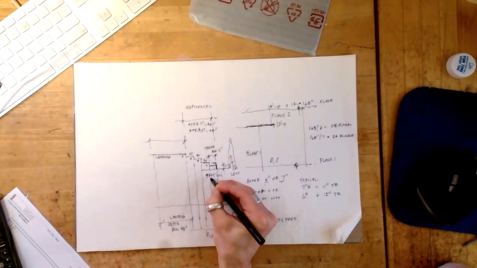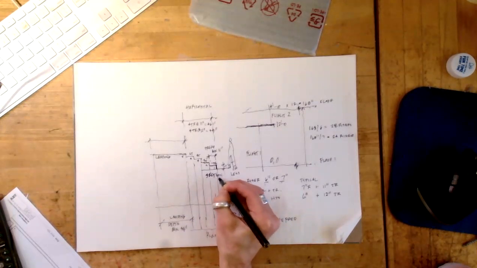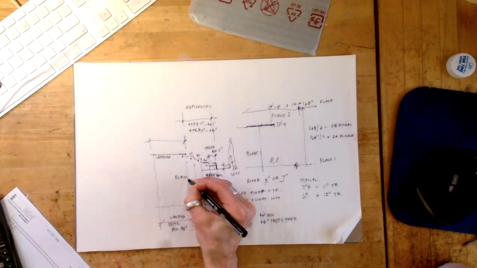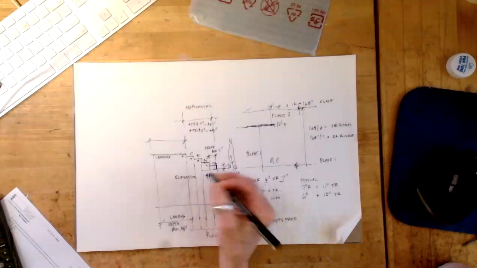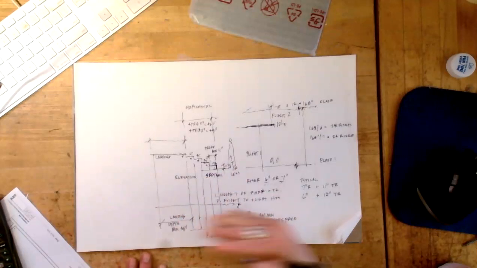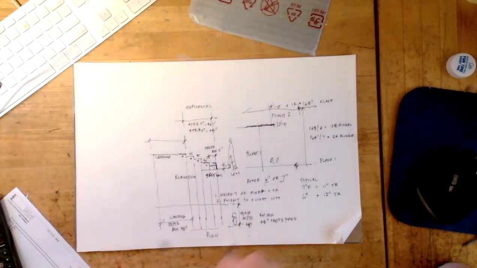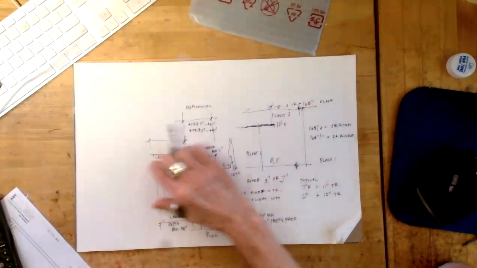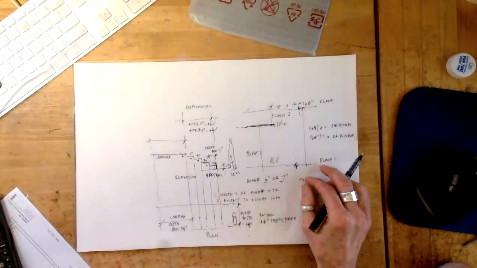So that's the section drawing, section or elevation. I'll write both because we're looking at orthographically that stair as if we were standing in front of it and perpendicular to the picture plane or field of vision, right?